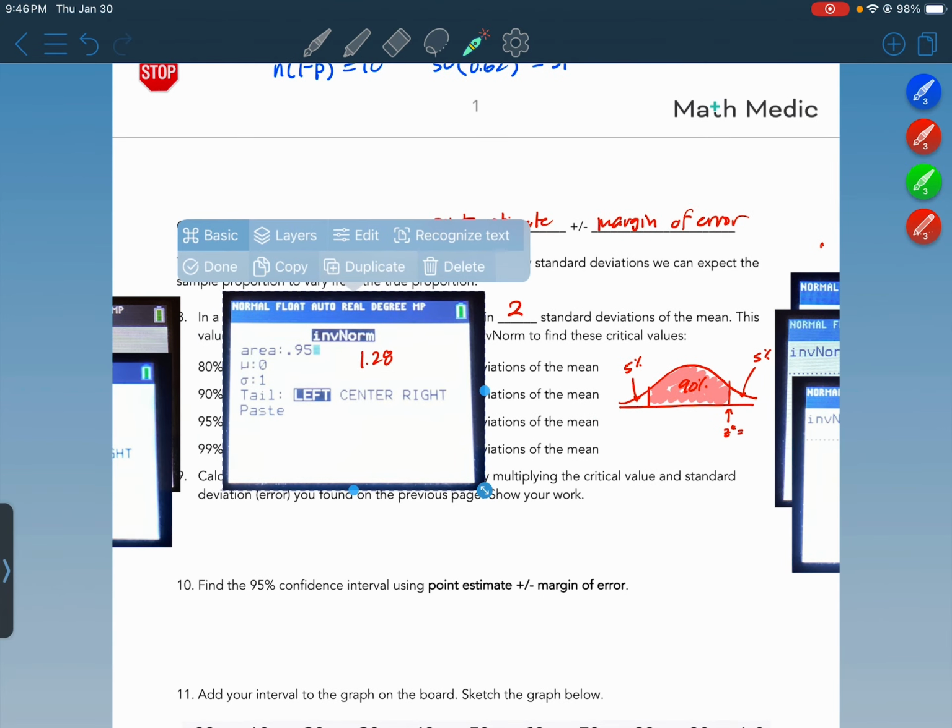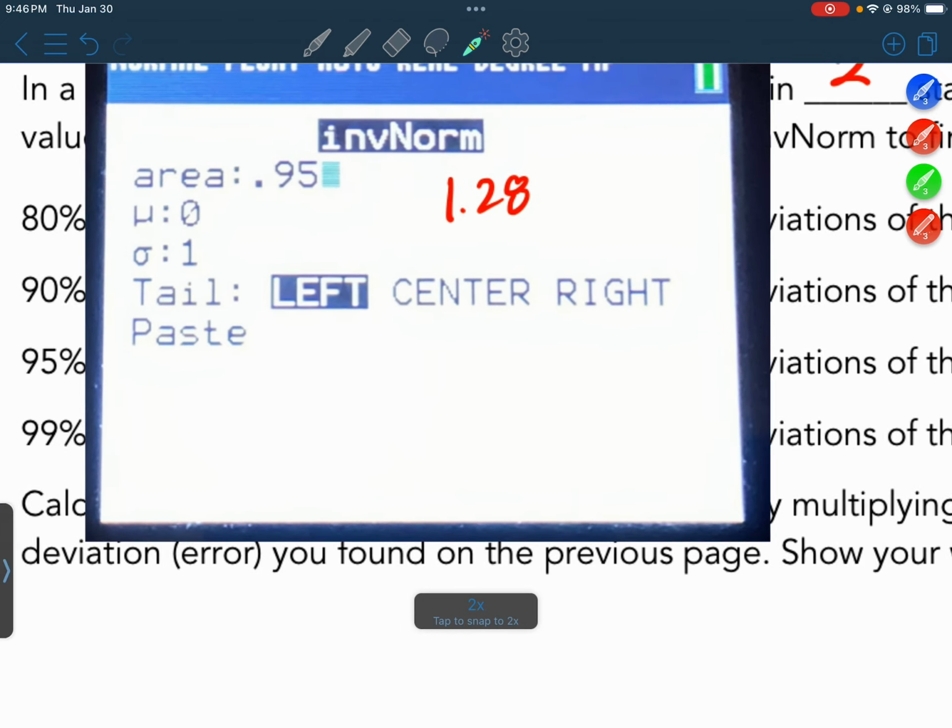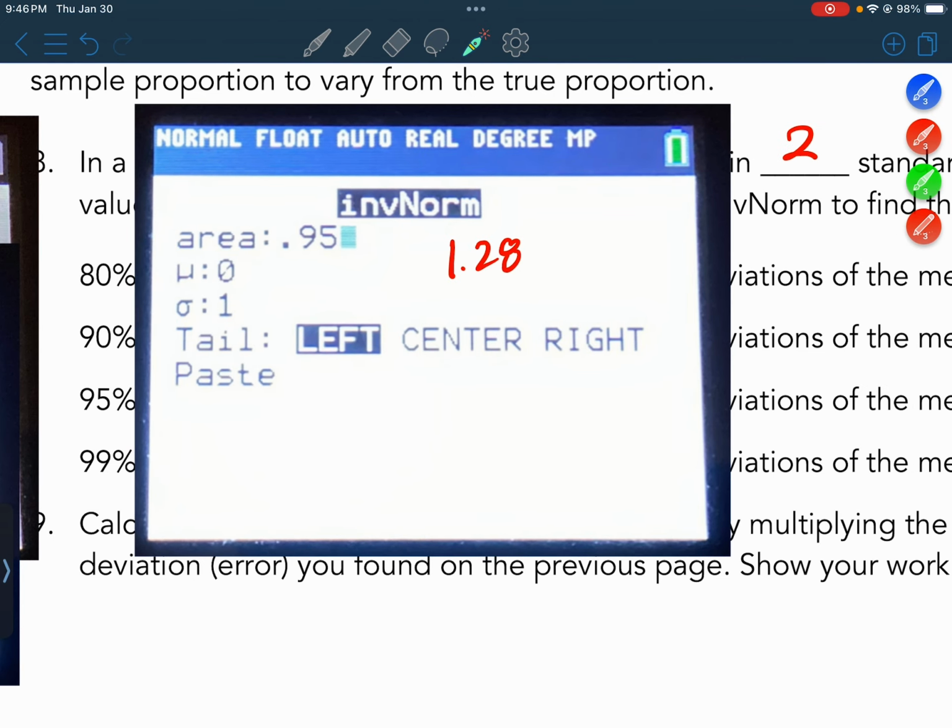On the calculator, we can just type in the percentile, 0.95. Now, if you have a newer calculator, you do have the option of selecting center. In that case, we would say we want 90%, and then select the center. But if you've got an older calculator, like all the yellow ones floating around the room, you don't have the option of selecting left, center, or right.